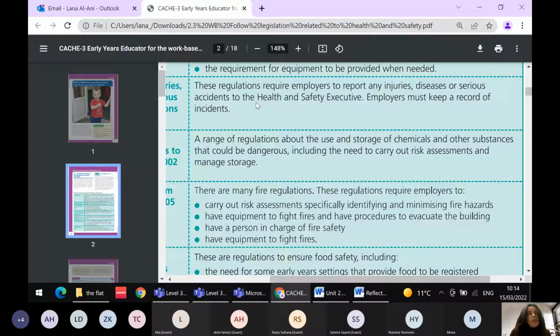So the employer has to report anything dangerous, any injuries, any disease that could happen in their organization, any accident that might happen in their organization. They should report it immediately.